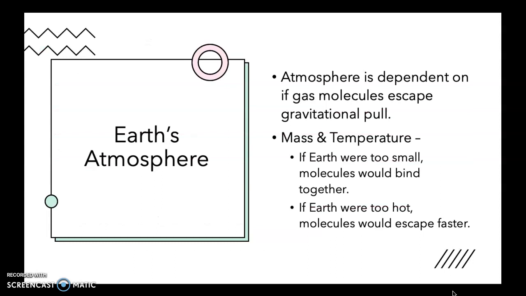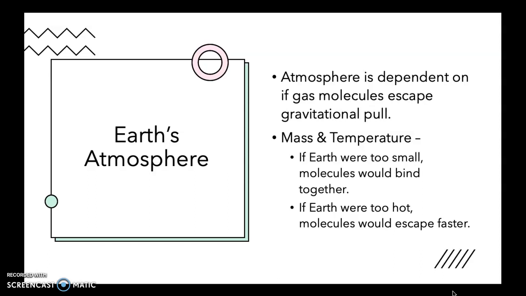So looking first at Earth's atmosphere, the atmosphere is dependent on if gas molecules can escape the gravitational pull. And so the biggest way to see if these molecules will escape the gravitational pull is by the mass and temperature of the planet.